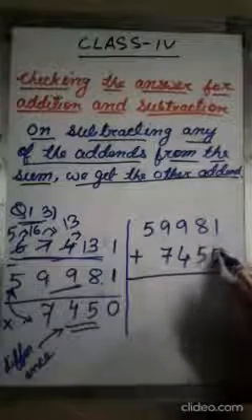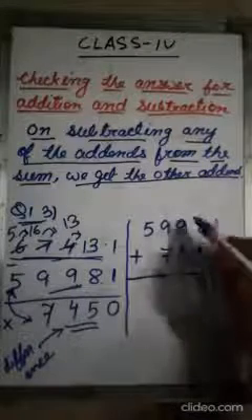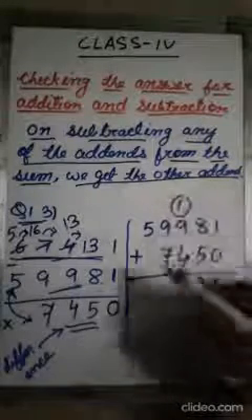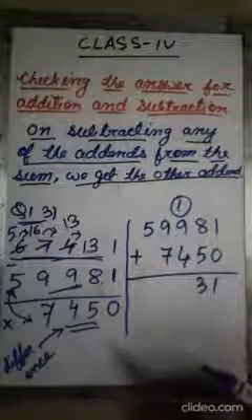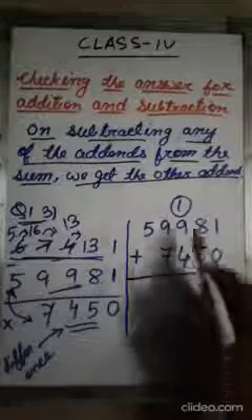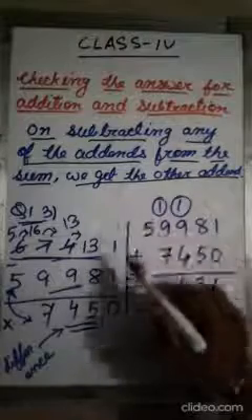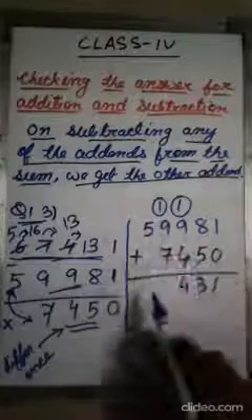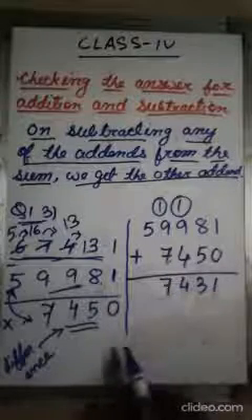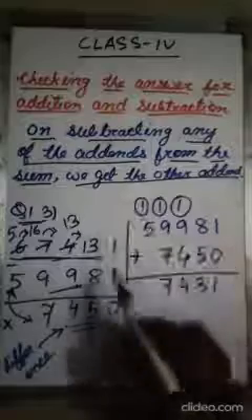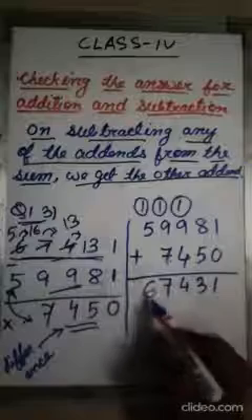If we add, 1 plus 0 is 1. 8 plus 5 is 13, 1 will be carried forward to the next place. 9 plus 4 is 13, 13 plus 1 is 14, again carry 1. 9 plus 7 is 16, 16 plus 1 is 17, again carry 1. 5 plus 1 is 6.